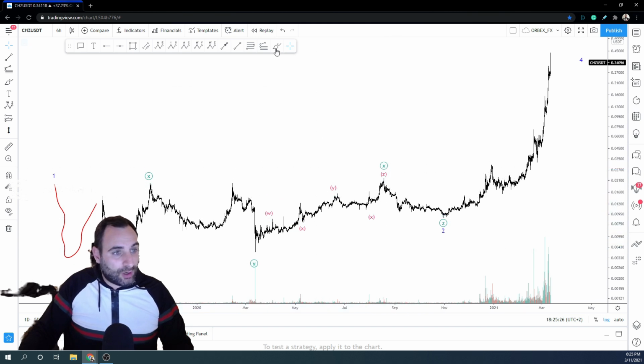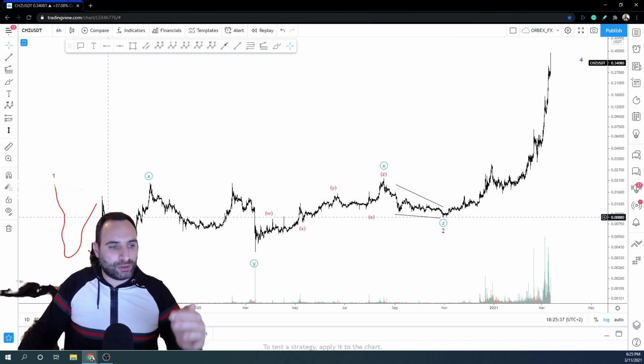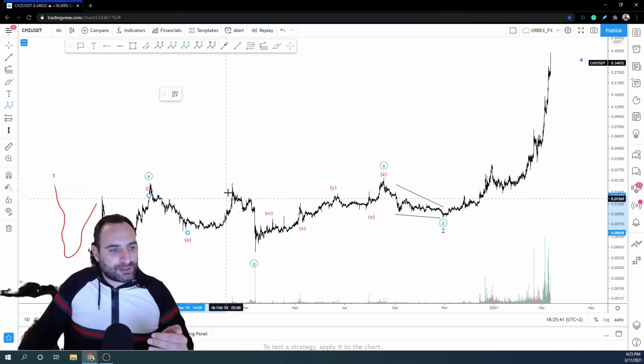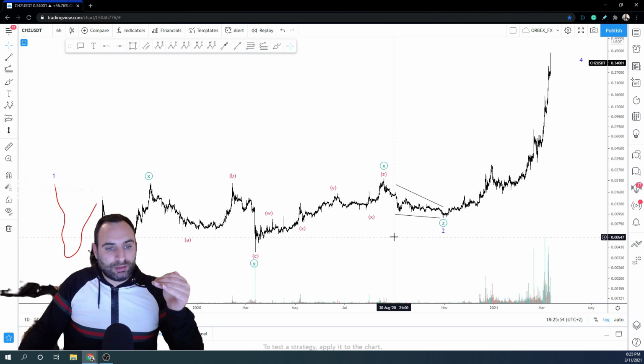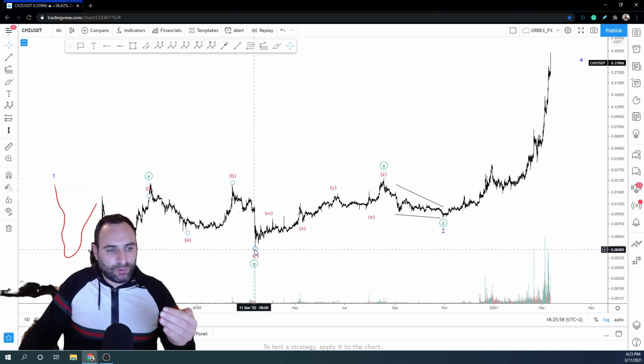And then we've got a triangle here, guys, because in wave 2, first of all, we cannot have triangles on their own. You can only have triangles in wave 2 where they are part of a combination, and we have a combination, right? Now, the thing is, wave Z over here is clearly not the lowest low of this chart.